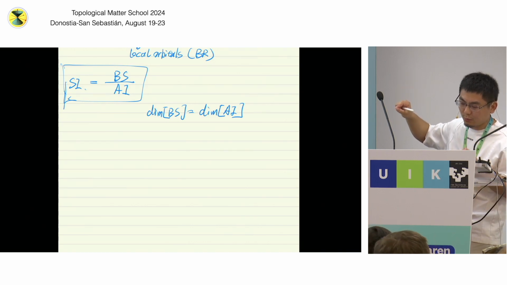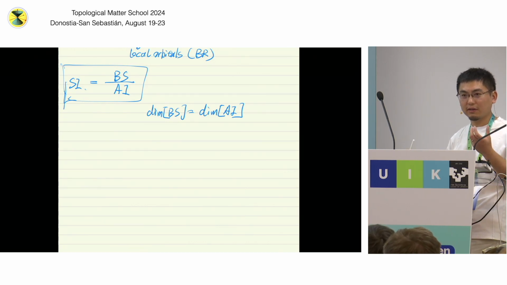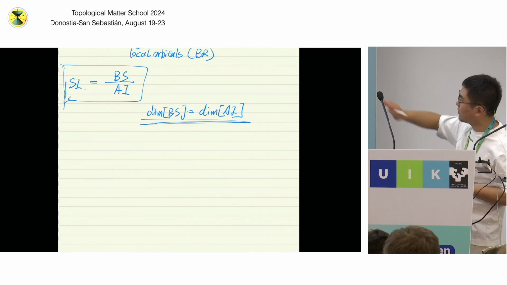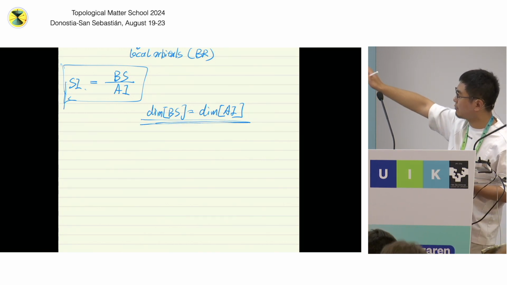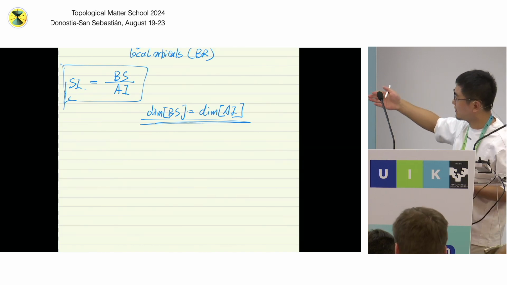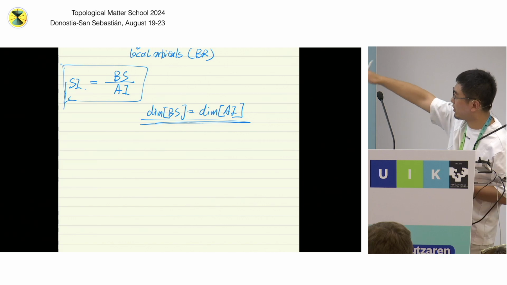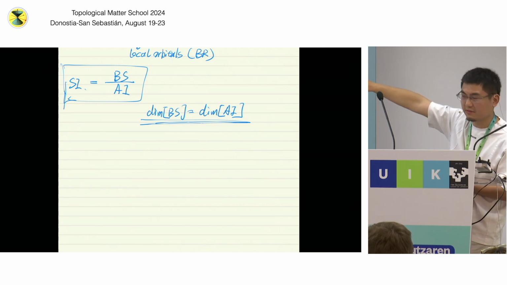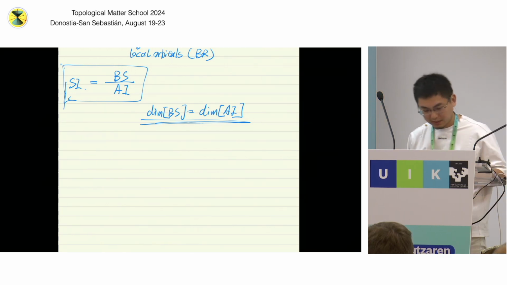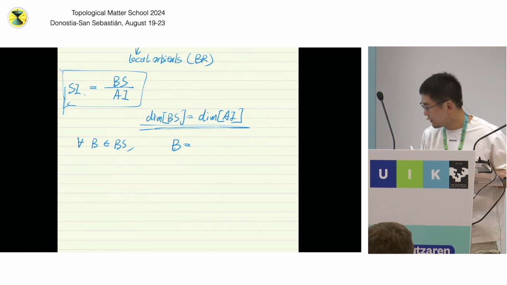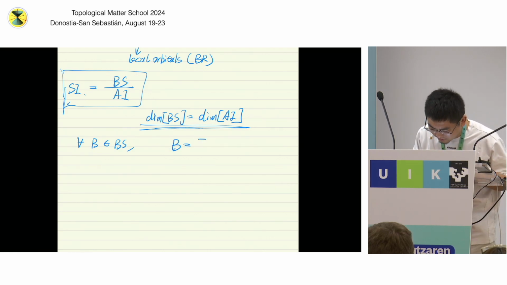But the question is whether this coefficient is fraction or integer, right? I don't think this relation can be proven simply. I think it's just a numerical observation. So if you run this algorithm for all the space groups, you observe this result. And so basically it tells us that for every B belonging to BS, you can always write it in this form.